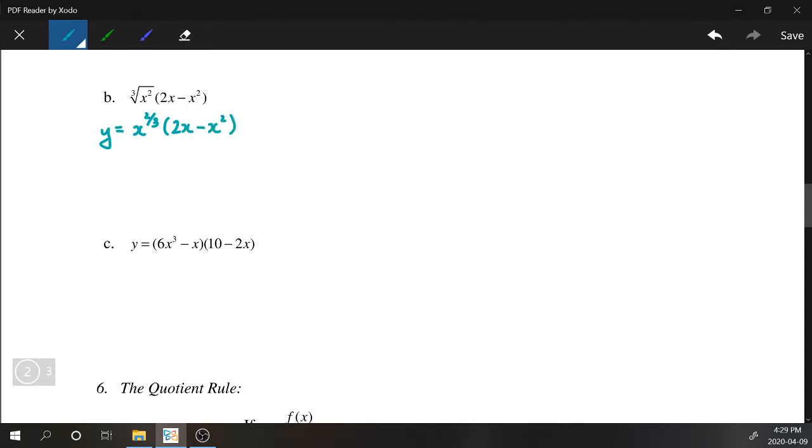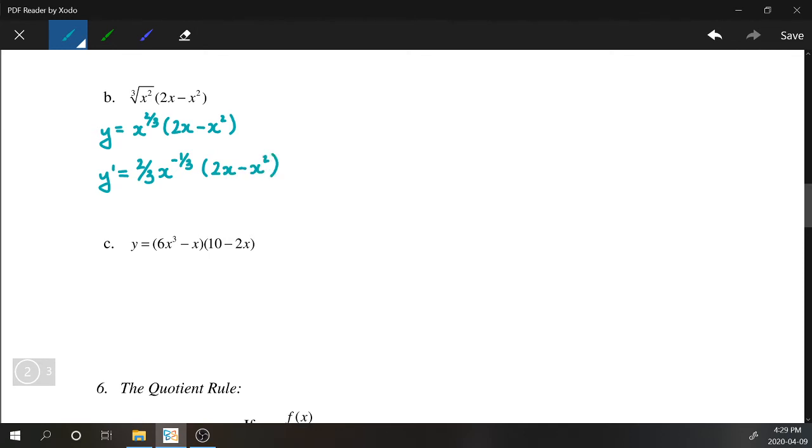Now, from there, we can apply the product rule. The derivative of x to the 2/3 power, of course, will be 2/3, and then x to the negative 1/3 power. 2/3 minus 1 is negative 1/3. And then, of course, we're going to leave the second part as is.